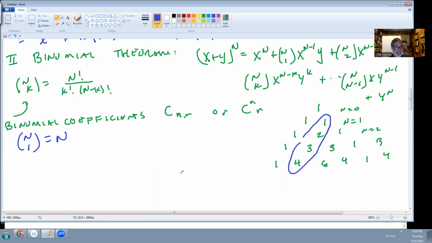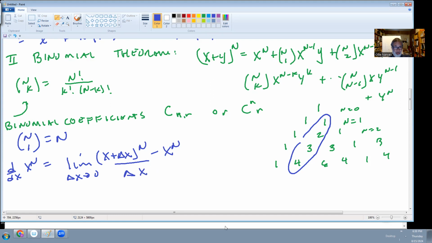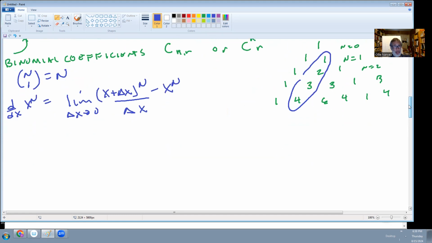Well, it makes a lot of sense. So now when I want to figure out what the derivative of x to the n is, I take the limit as delta x goes to 0 of x plus delta x to the n minus x to the n over delta x. Then we let delta x go to 0.